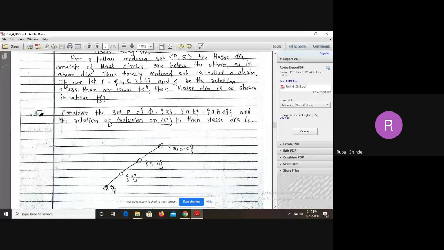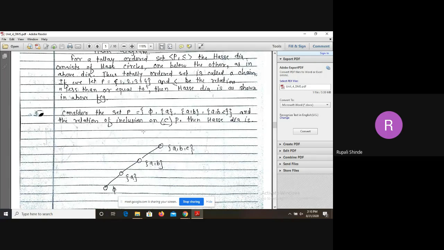Again phi is a subset of set A comma B also, but we have connected it as phi to set A and set A to set A comma B. So it is not required to draw a direct line from phi to A comma B because they are already connected through set A.